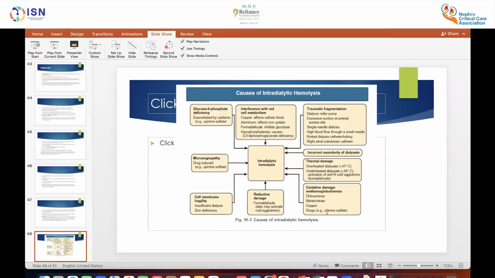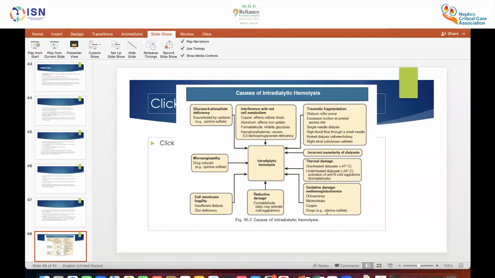Then there will be movement of water from the interstitial compartment to the intravascular compartment. Is it confusing, or have you understood? Let me know.